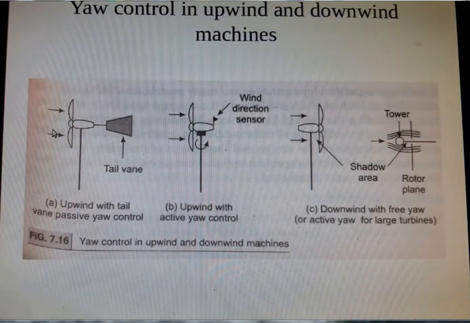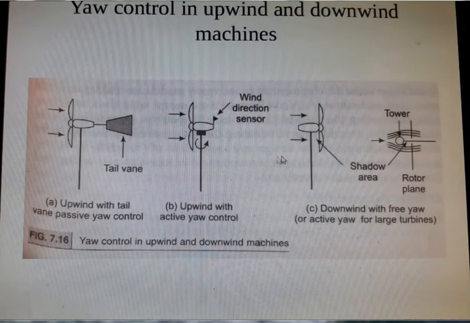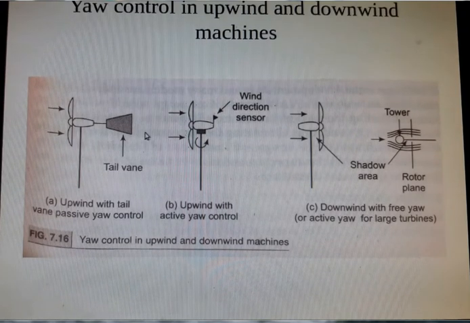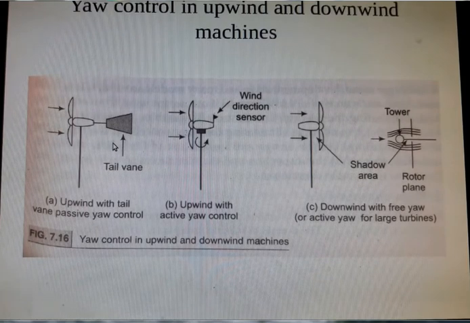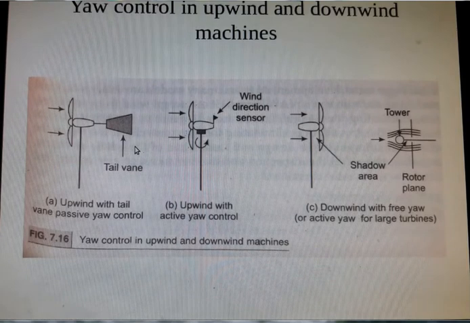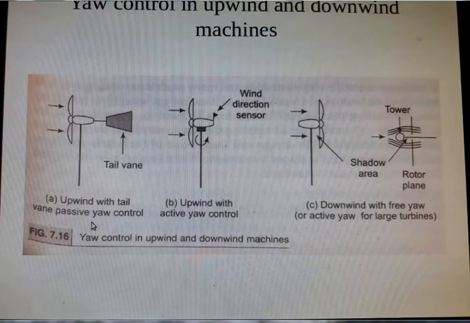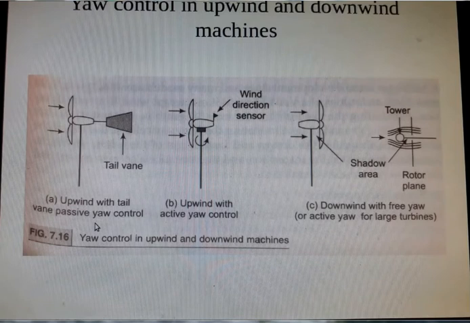This is an example of an upwind wind turbine, and this is an example of a downwind one. In this upwind turbine, the direction, or the yaw motion, is controlled with the help of this tail vane. So this is called upwind with tail vane passive yaw control. That means no control system is required here.